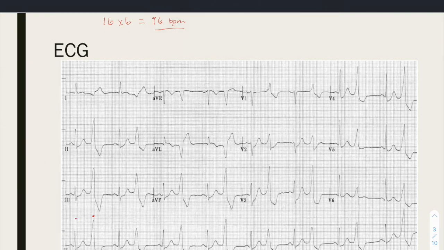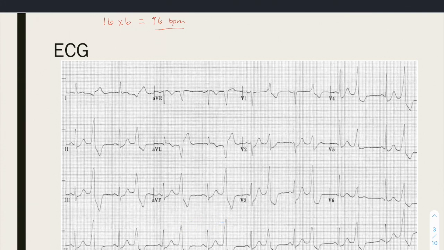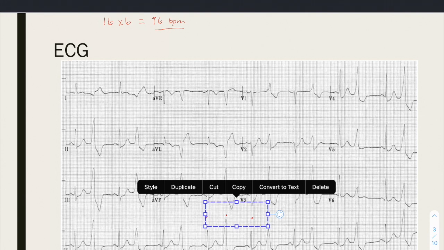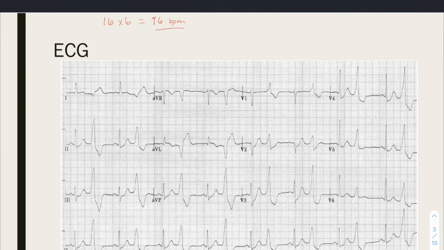And if we move it over, it doesn't line up with the next one, but it does kind of line up with every other R peak there. And if you were to do this just to show all 3 with that kind of funky complex there, you'd see that it does line up going all the way down the ECG. So this actually is a normal sinus rhythm. You could say that the rhythm here is normal.